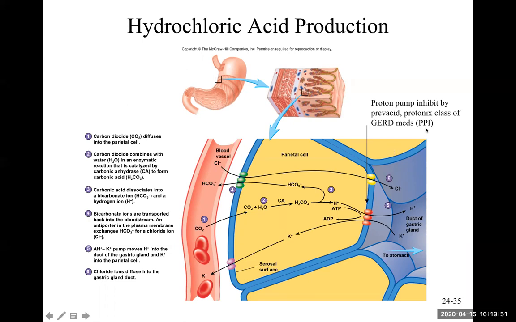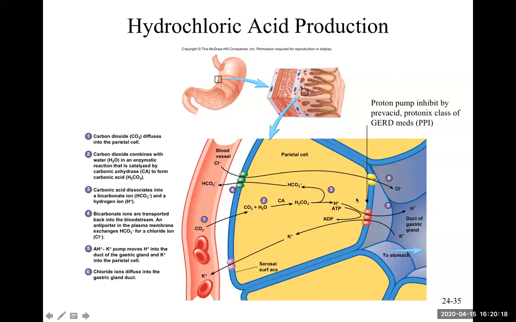Some of you have heard of a PPI, a proton pump inhibitor. Prevacid, Protonix, right? Or Prilosec or Omeprazole. Those are all PPIs. PPIs stop this proton pump and all the proton pumps. Because they stop the proton pumps, you should make less hydrochloric acid because the proton doesn't get pumped out anymore, right?